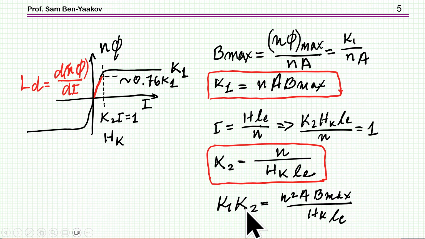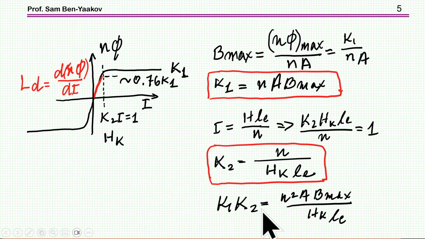Then knowing K1 and K2, and knowing that K1 times K2 is indeed the inductance in this region, I find that when plugging these values into K1 times K2, I get this equation, which is of course identical to the known equation for the inductance of an inductor: n squared A, B max over H is mu, total mu, and then we have the magnetic path length.